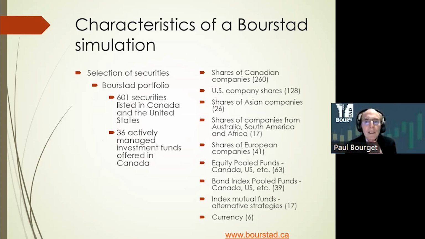So these securities are in the Bourstad portfolio: 260 shares of Canadian companies, 128 US companies, 26 Asian companies, 17 companies from Australia, South America, Africa, 41 European companies, 63 ETFs of Canadian stocks, US stocks, international stocks, 39 ETFs of bonds and money market funds, 17 ETFs for alternative strategies.